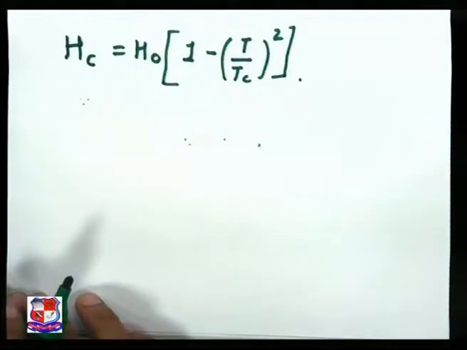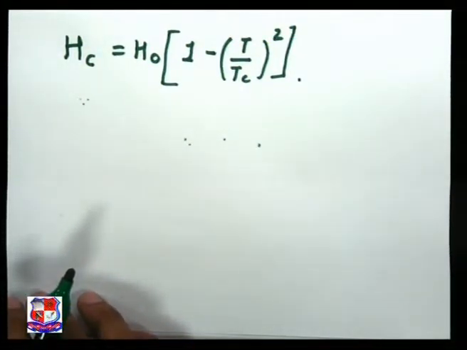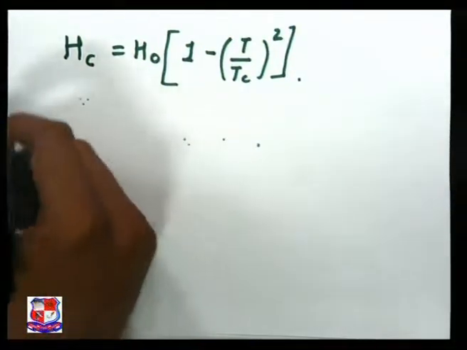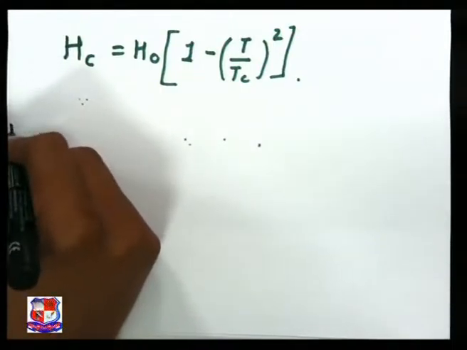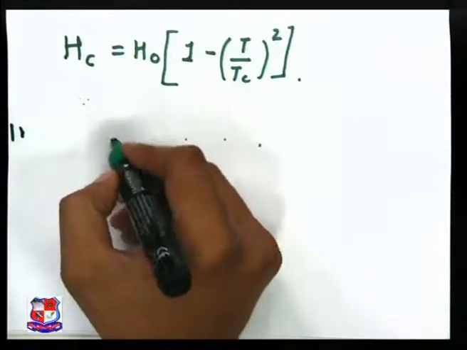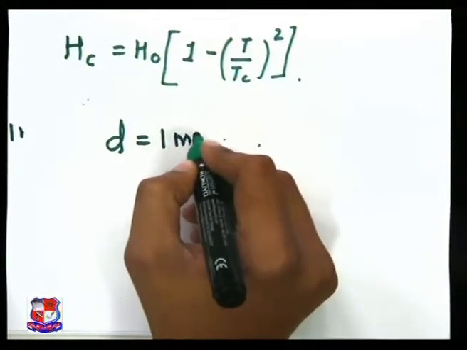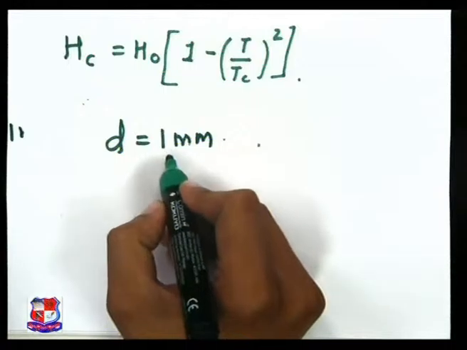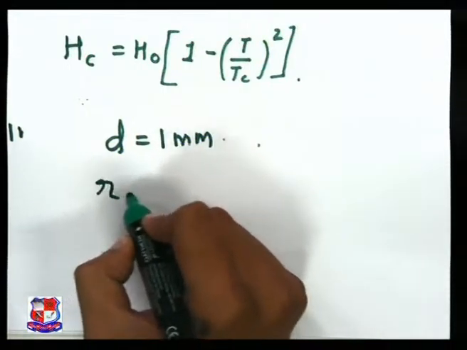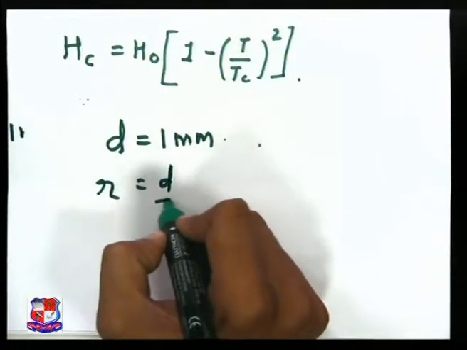This is the main equation. Let me show you the values. The diameter is 1 millimeter. That means the radius will be half of it.